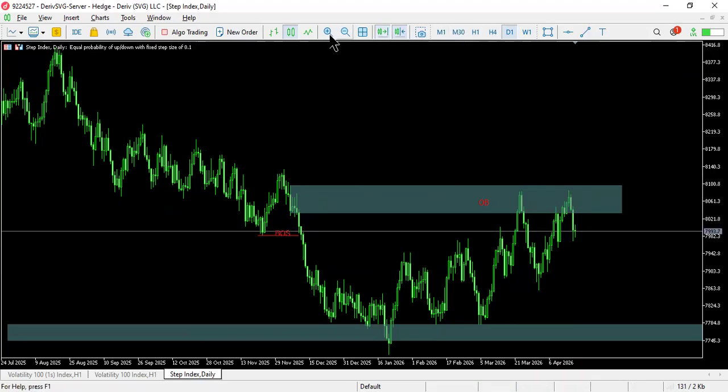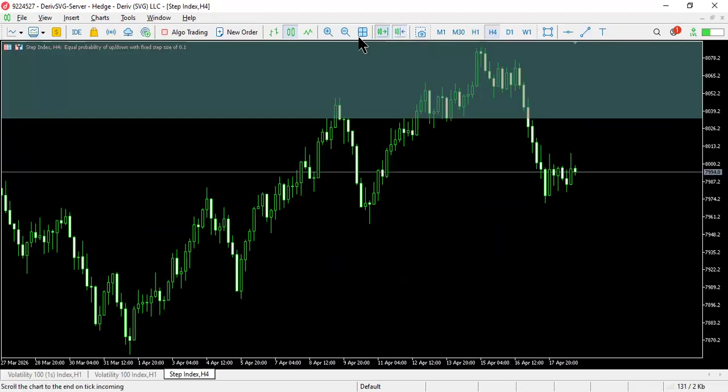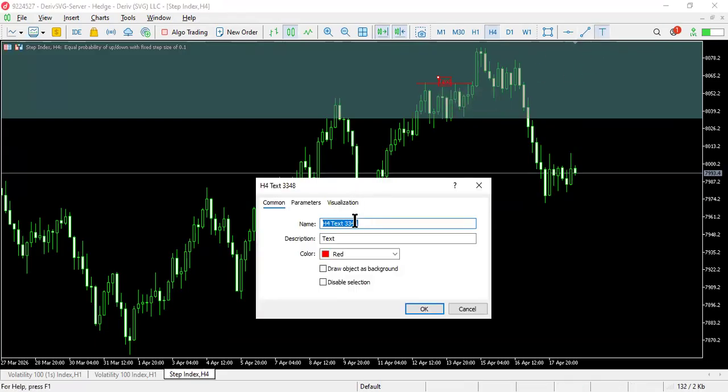and then if we go over to the 4 hours time frame, we can see that that was the last break of structure to the upside before price stepped into that supply zone.